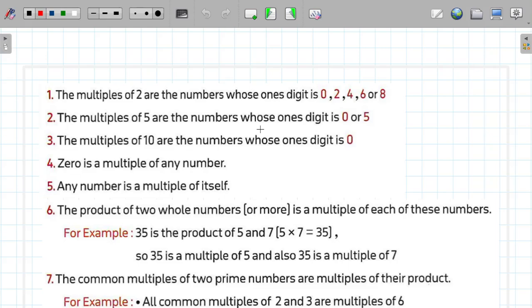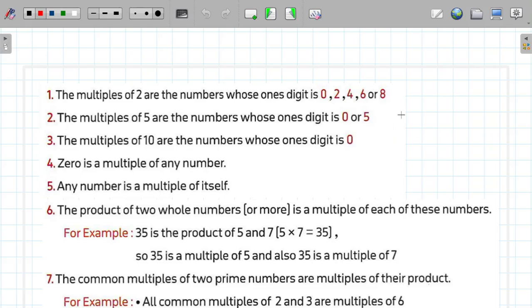So any number with 0, 2, 4, 6, or 8 in the ones digit, I can say that this number is a multiple of 2. Multiples of 5 are the numbers whose ones digit is 0 or 5.